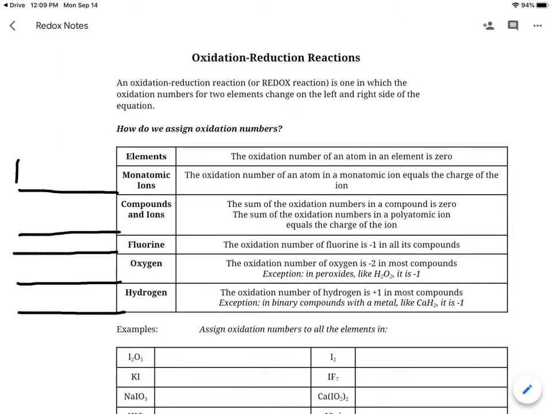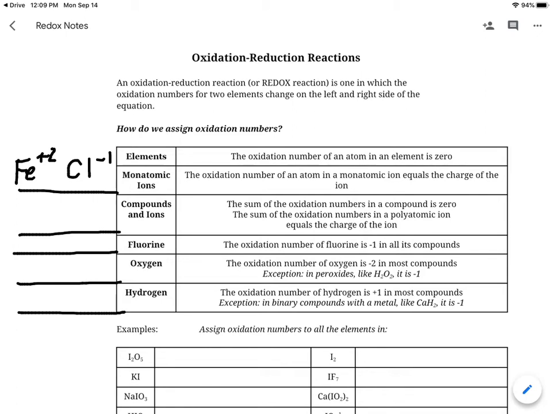As an example, if you have the ferrous ion, that would be iron with a +2 charge, its oxidation number would be +2. And if you were talking instead about the chloride ion, its oxidation number would be -1. So again, for monatomic ions, the oxidation number is just equal to whatever the charge is of that ion.